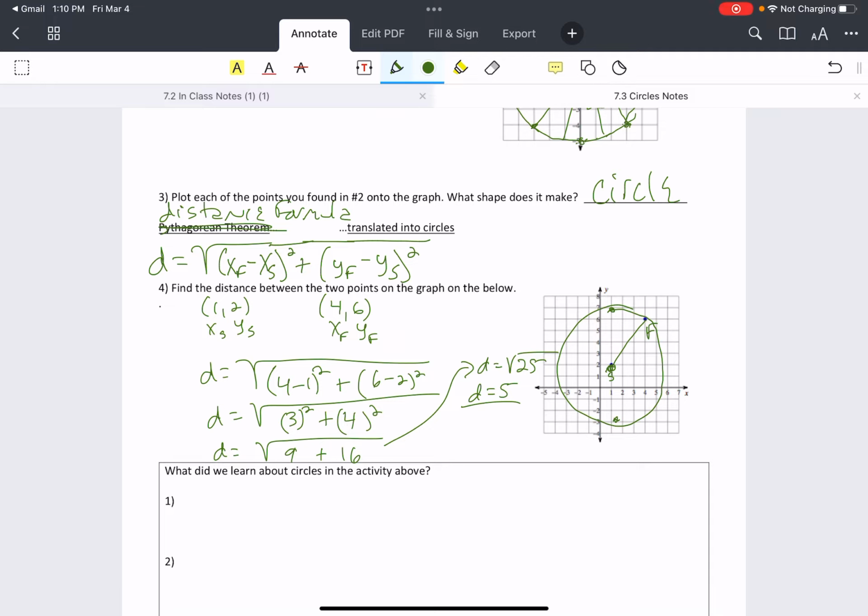Does that make sense? My starting point, if I was going to find the distance of any of these radius lengths, my x start and y start are going to be the center of that circle every time. Does that make sense? Okay. So we call the center of a circle, we call it (h, k).